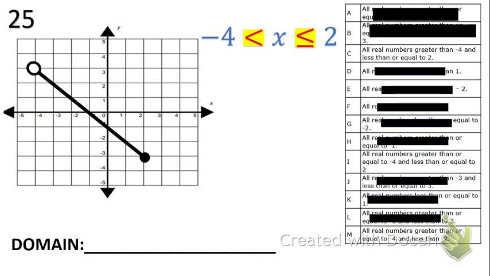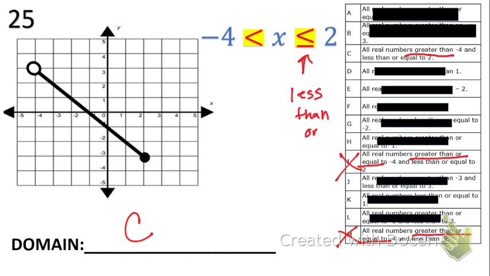If we look again at our answer choices, this one says greater than or equal to, so not it. This one says greater than or equal to, so not it. So the only answer choice left is letter C. And then this of course is less than or equal to. So the answer for number 25 domain is C.